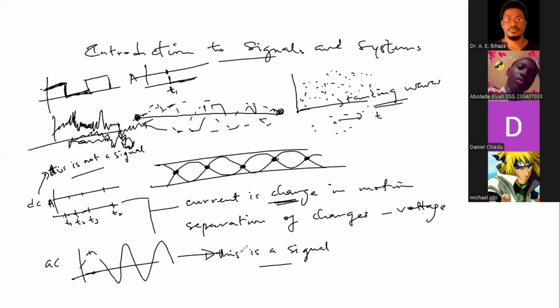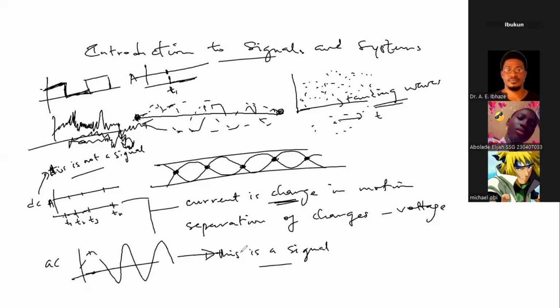No, not so, my friend. I have not said any of the things you said. I have not said these are the types of signals. But I know I have said that a parameter that is defined as a constant value with respect to some other parameter is not a signal.